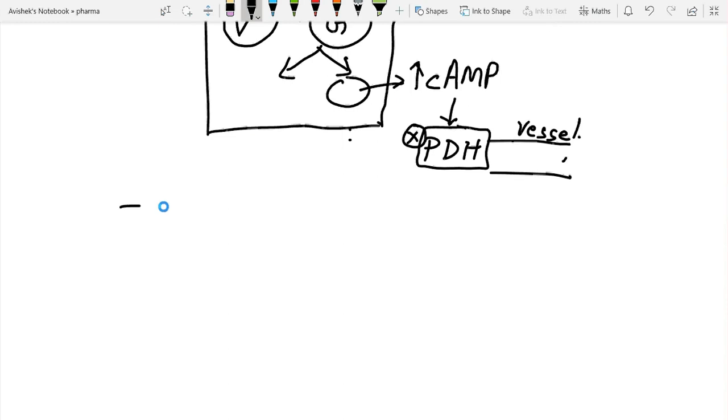So this works as an inotrope, or rather it's called an inotropic effect, and vasodilation.